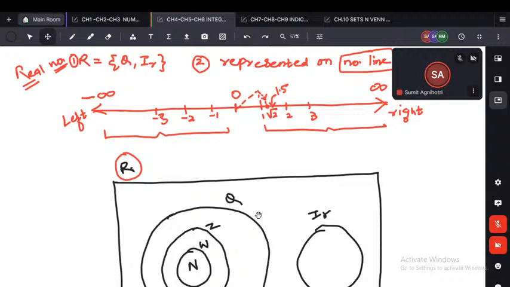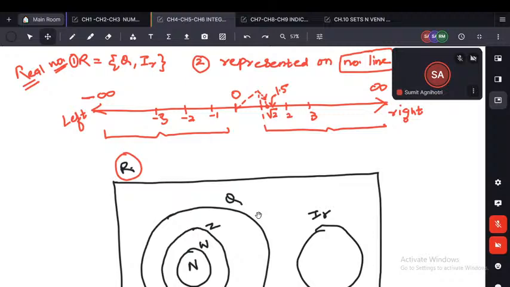Similarly, all integers are inside rational numbers. That's why all integers are rational. And so on, all rational numbers are real. Even all irrational numbers are real. In this way, I have also explained how to form different statements. I think you must be able to recall it because we have discussed these concepts in previous classes.